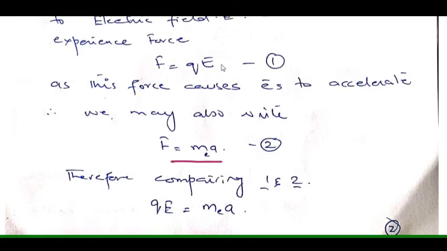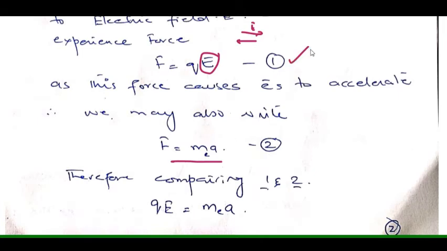Because when we apply this electric field, the electrons start moving in the direction opposite to the electric field. If the electric field is in this direction, the electrons will move in the opposite direction. Because they are accelerating, the force we consider is F is equal to ma, from Newton's second law.